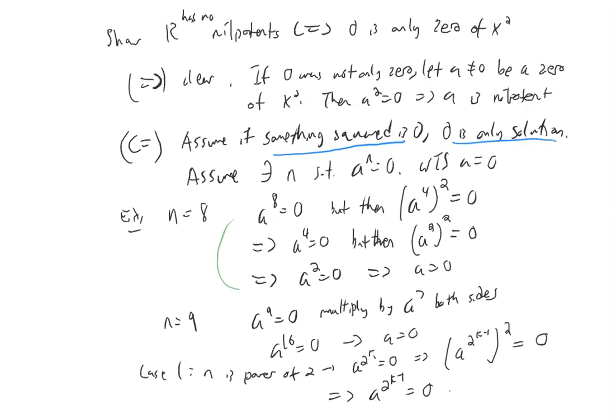And then repeat. And then case 2 is n is not a power of 2, then make it so. You can always multiply by some power of a to make it a power of 2, and then you go back to step 1.